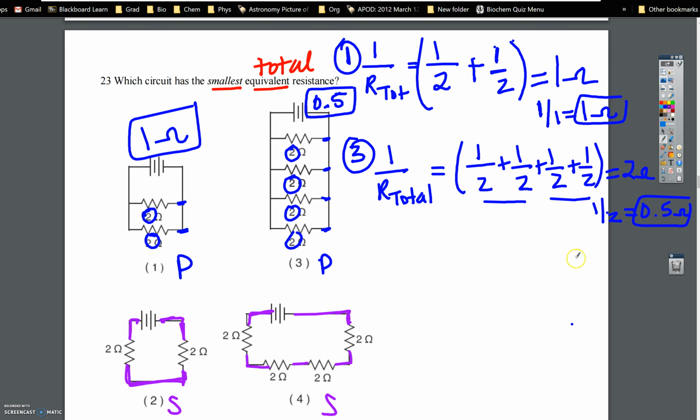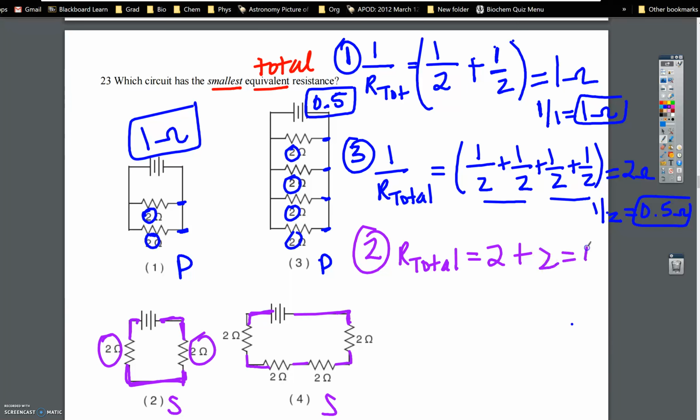For series, number 2, series is way better. For R total, we just add up the resistances. My first resistance is 2, so 2 plus 2 is equal to 4 ohms. That's it. So my total here is 4 ohms.